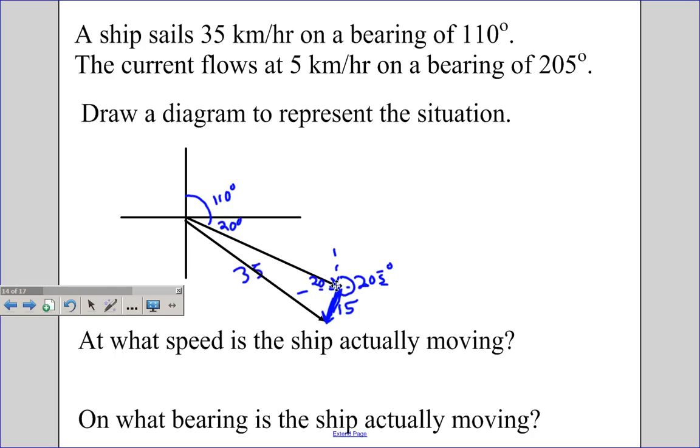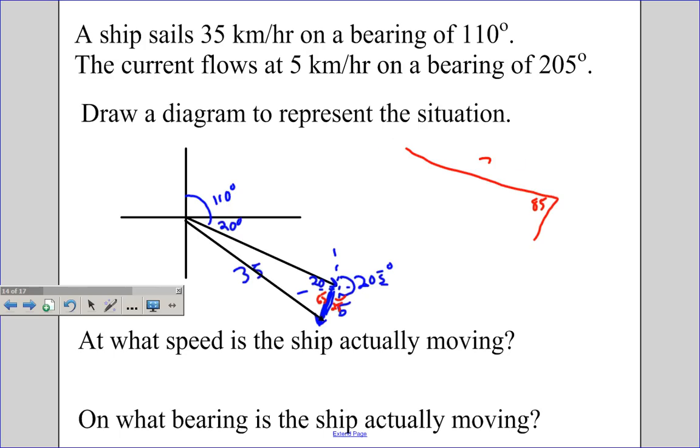So there's a 90-degree angle here where it's kind of tough to see. But this goes past 180 by 25 degrees. So 90 minus 25 is going to be what's left on this side. So that's going to be 65 degrees here. So we need to add up those two angles to get the entire angle of 85 degrees.